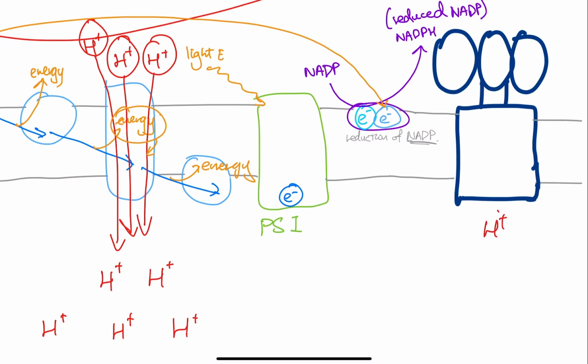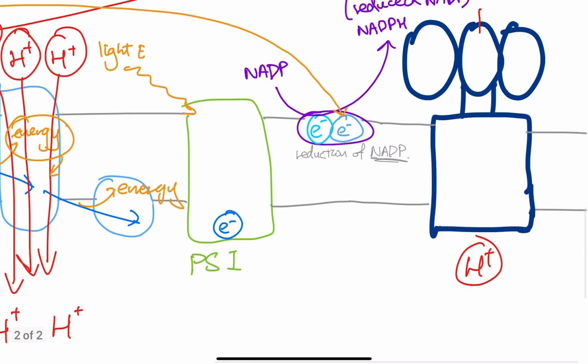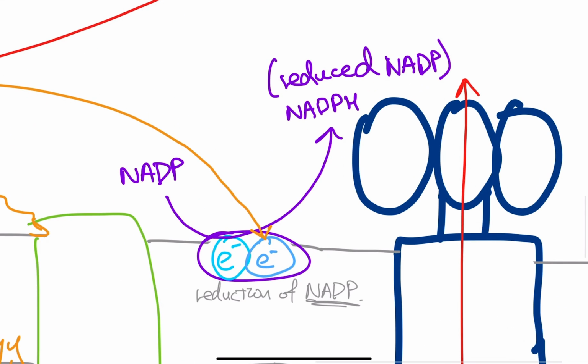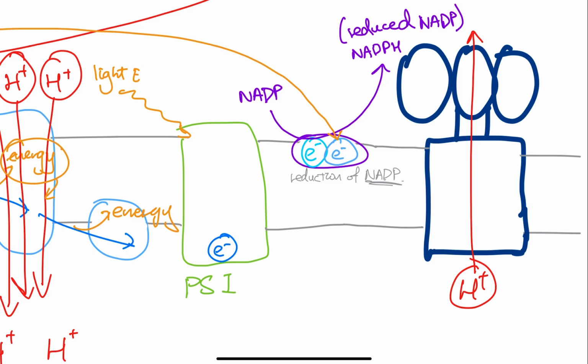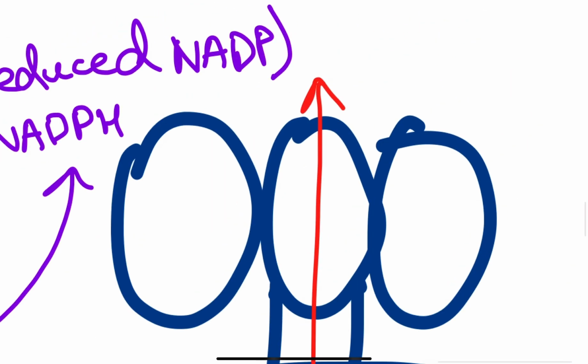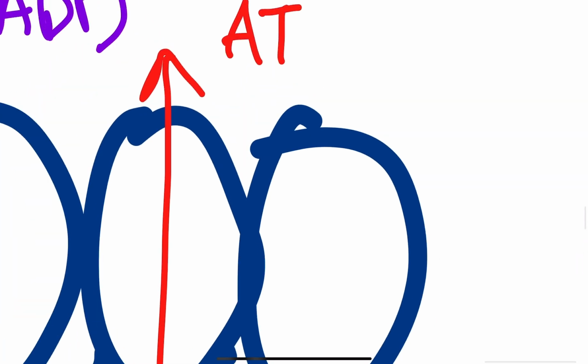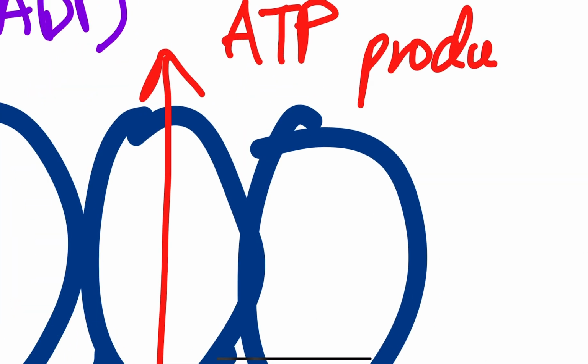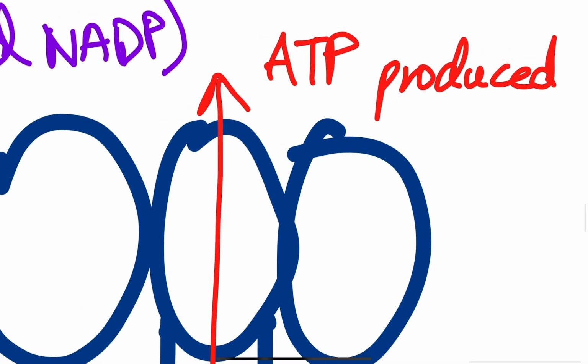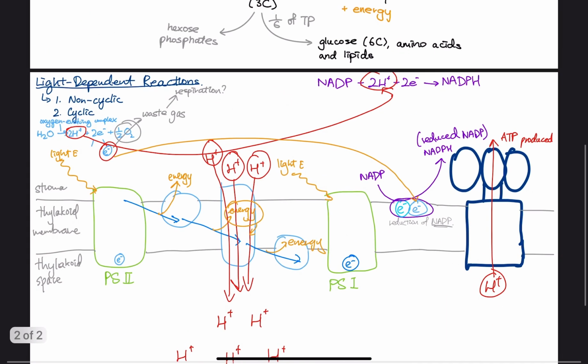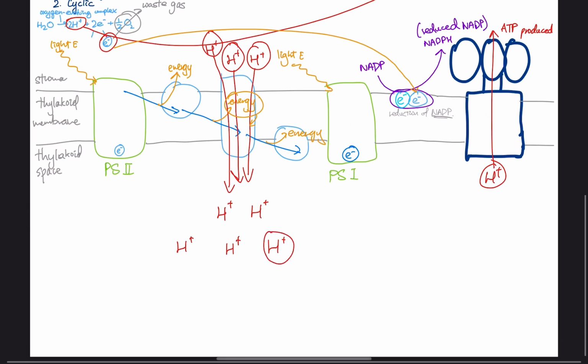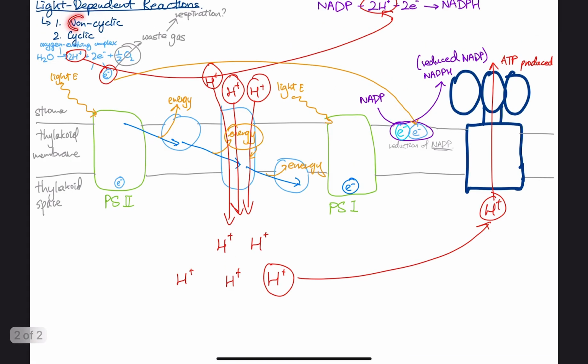The hydrogen ions are going to move out through the ATP synthase, and as they move down ATP synthase, they're going to produce ATP. For the exact mechanism, you can refer to the oxidative phosphorylation video, because it's basically the same thing, just in a slightly different direction. Okay, so this is the non-cyclic photophosphorylation.